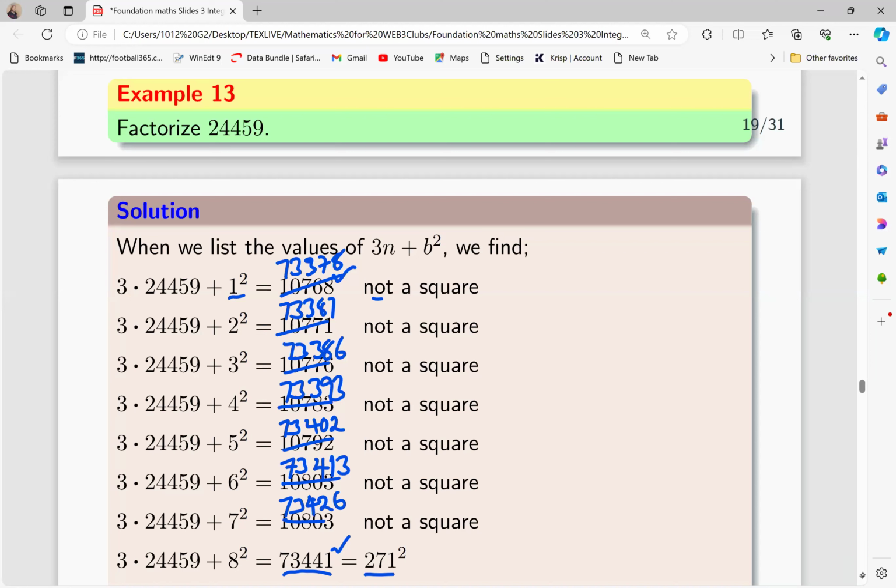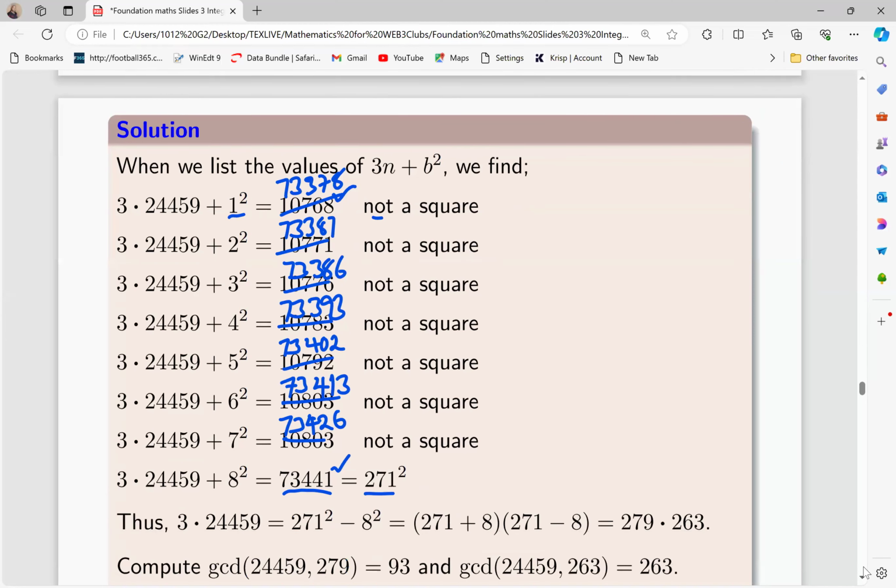So let me just try the last one. It's 8. That is correct. 73,441. Let me see whether the square root is perfect. The square root of 73,441 is 271. That's correct. So those are the only changes there.